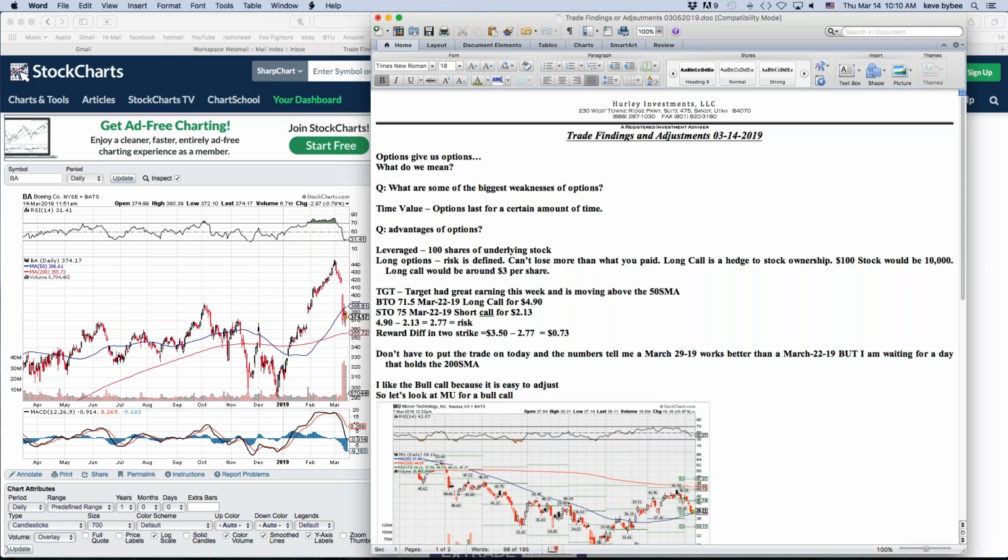So you pay $300 to control 100 shares instead of $10,000.